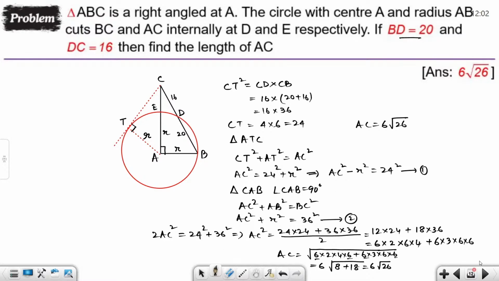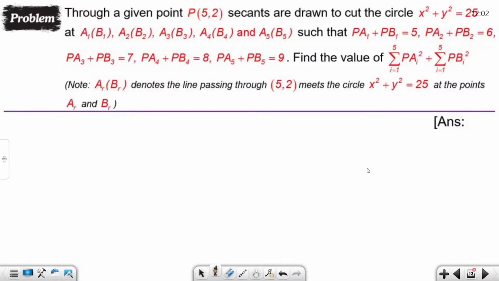Okay, let me take another problem. So this is a big question, but we will read the question slowly and understand what actually they have given. They are saying that through a given point P, there is a point.